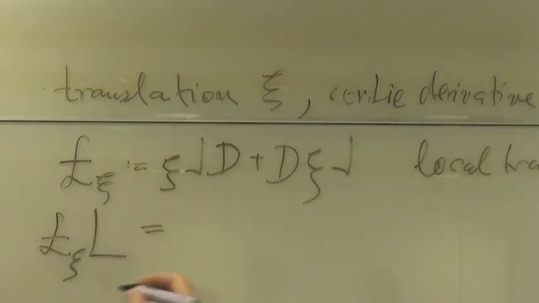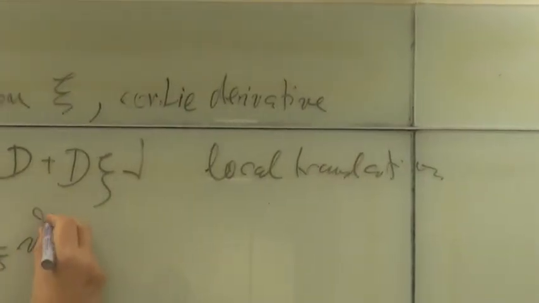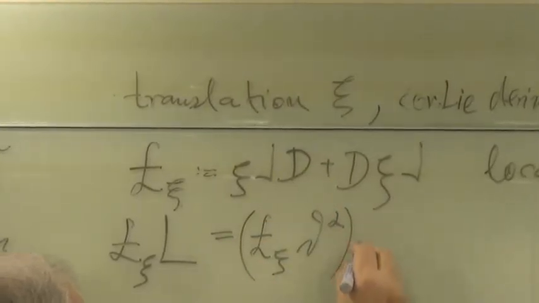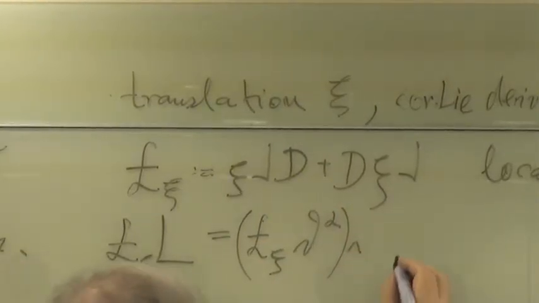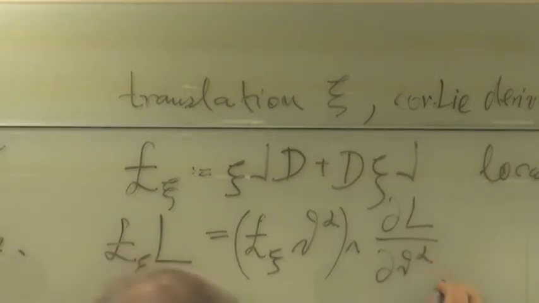Now you have just to apply the variational formula. So you have a Lie derivative with respect to psi applied to theta alpha, times partial L over partial theta alpha.